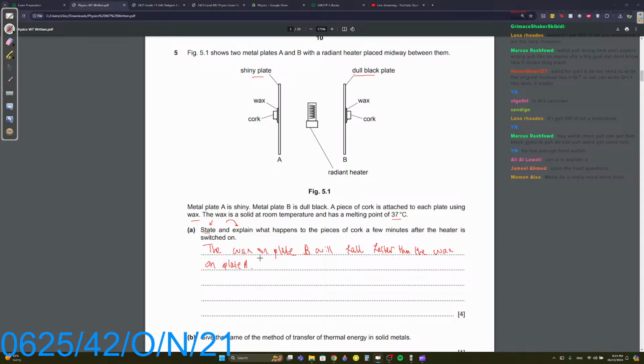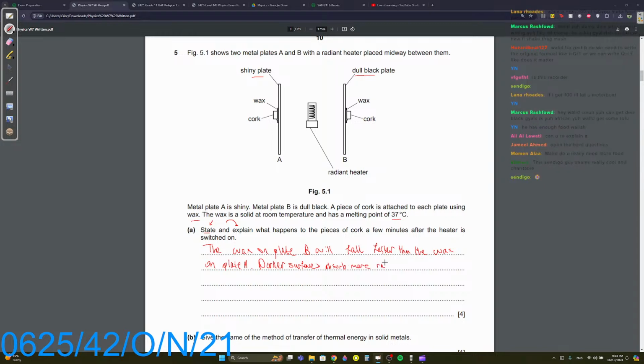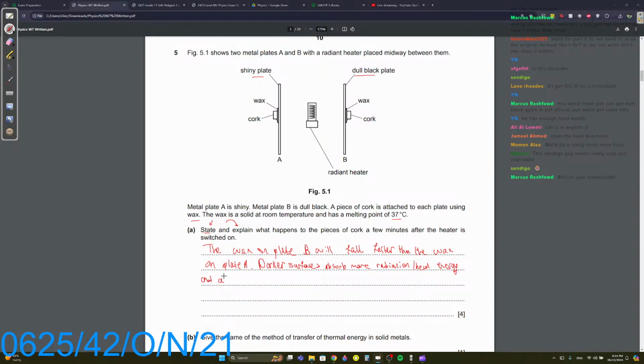Let's explain. Why does this happen? Darker surfaces absorb more radiation, or heat energy, and also release more radiation, or heat energy. And then we're going to talk about the shiny surface, right?